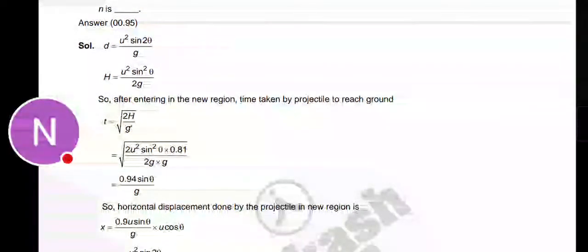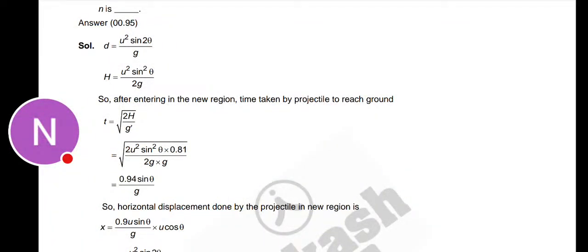So D is equal to u square sin 2 theta by g is the formula for this. H is equal to u square sin square theta by 2g. After entering the new region, the time taken by the projectile to reach the ground is t equal to root 2H by g prime. So therefore it is 0.9 into u sin theta by g.